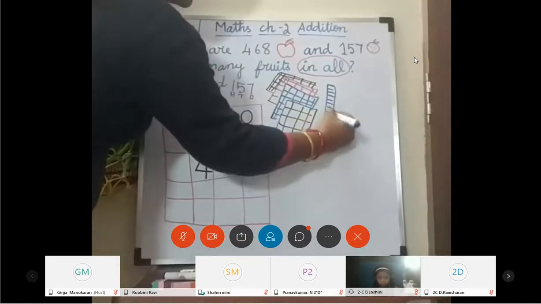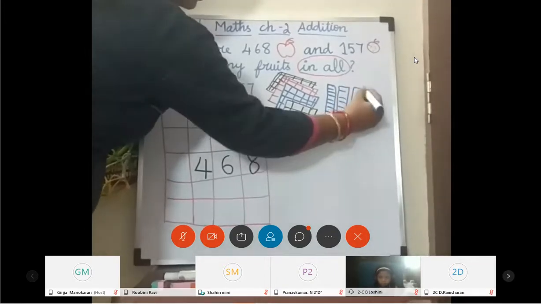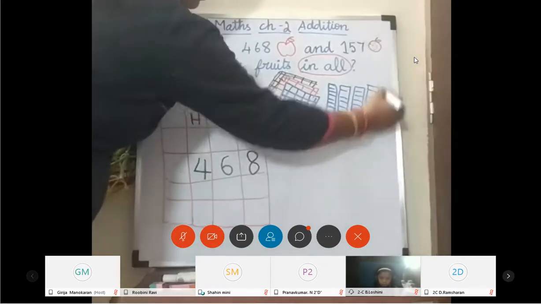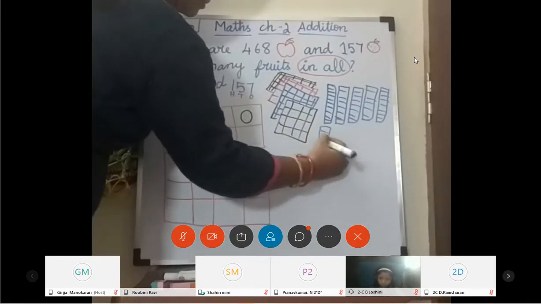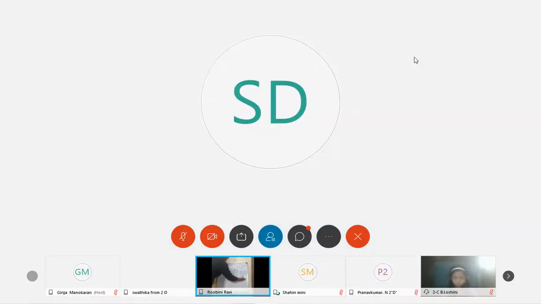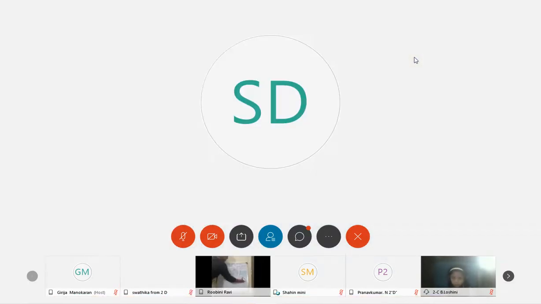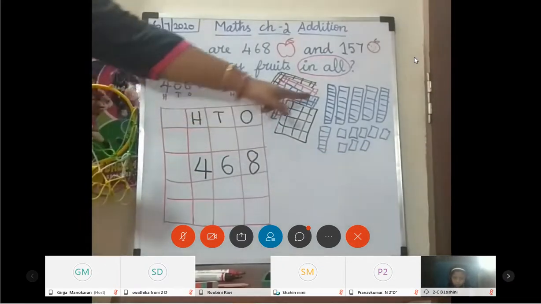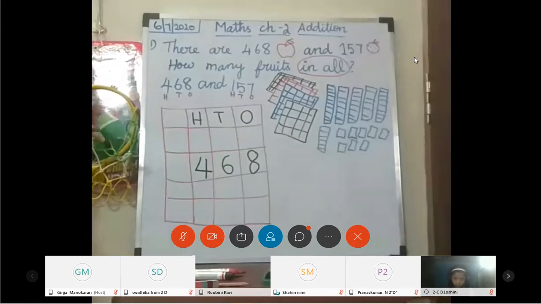This is made of tens. 1, 2, 3 tens, 4 tens, 5 tens, 6 tens. Okay. 8 ones. 1, 2, 3, 4, 5, 6, 7, 8. Okay, 400, 6 tens, 8 units.